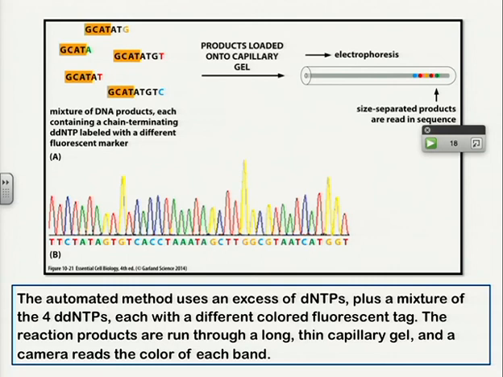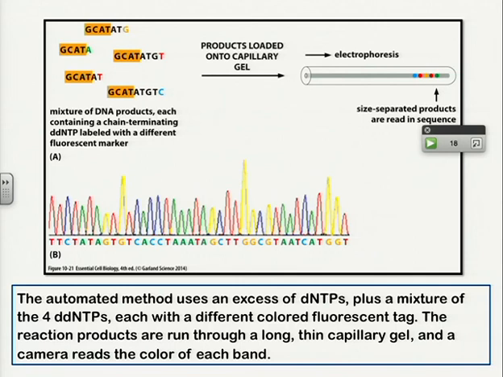Okay, so you take this collection of synthesis molecules and you separate them on something that separates as a function of size, but it has very, very high resolution such that even a 1 nucleotide difference can be distinguished. So it's electrophoresis through like a capillary tube. And then of course, it's seen by something that is reading the fluorescence of the nucleotides as they are coming out the bottom end.